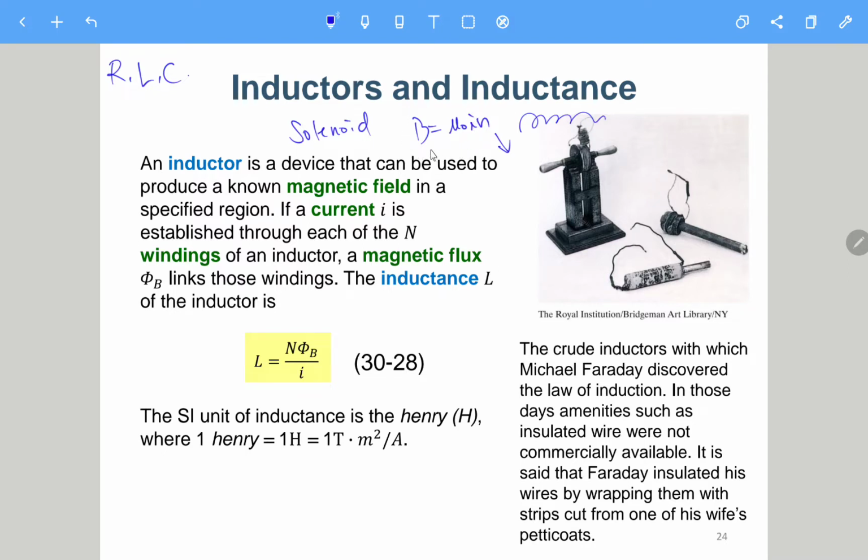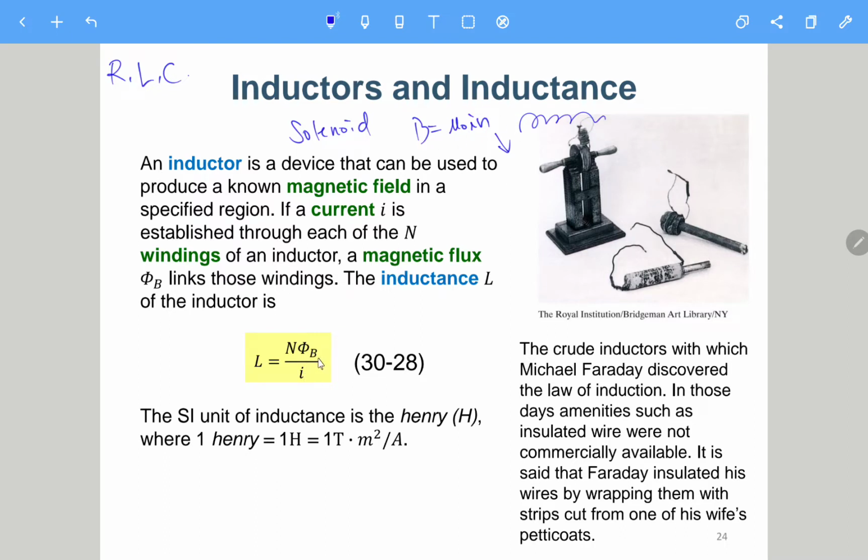And when you look at this equation, you can see the B field generated by the solenoid is proportional to the current. So if we just want to isolate the effect from the current, we define another variable by normalizing by the current, so that this inductance only relates to the structure itself rather than the current.